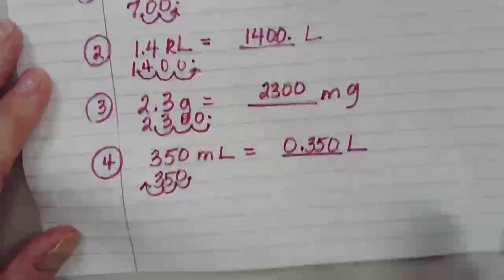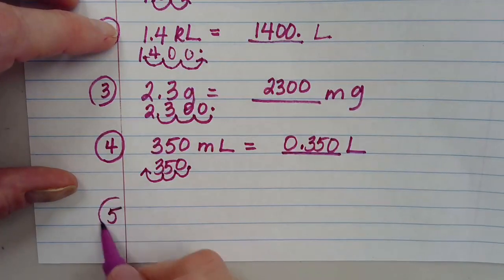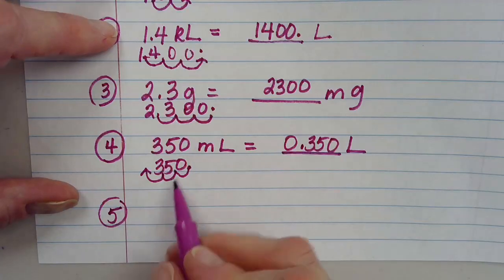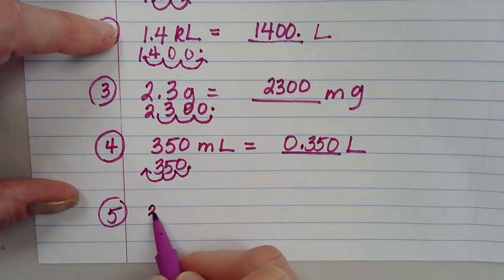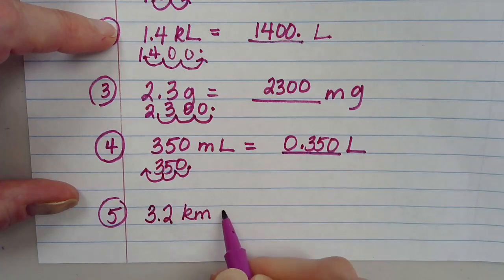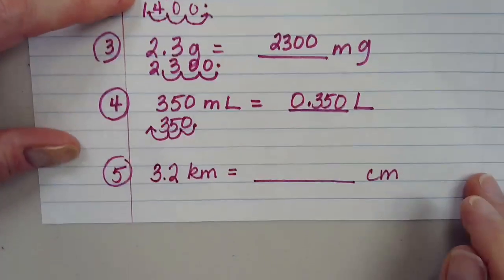And the last one. Number 5, if I have 3 2/10 kilometers equals blank centimeters.